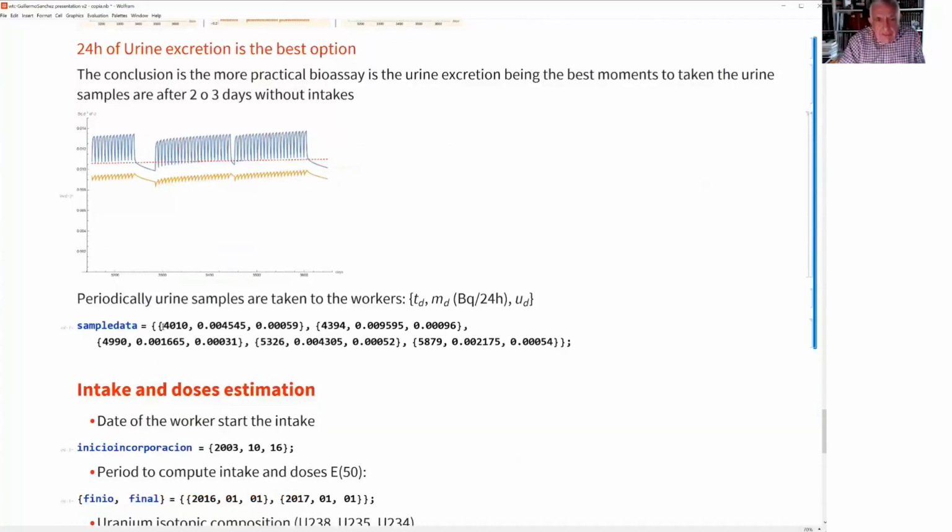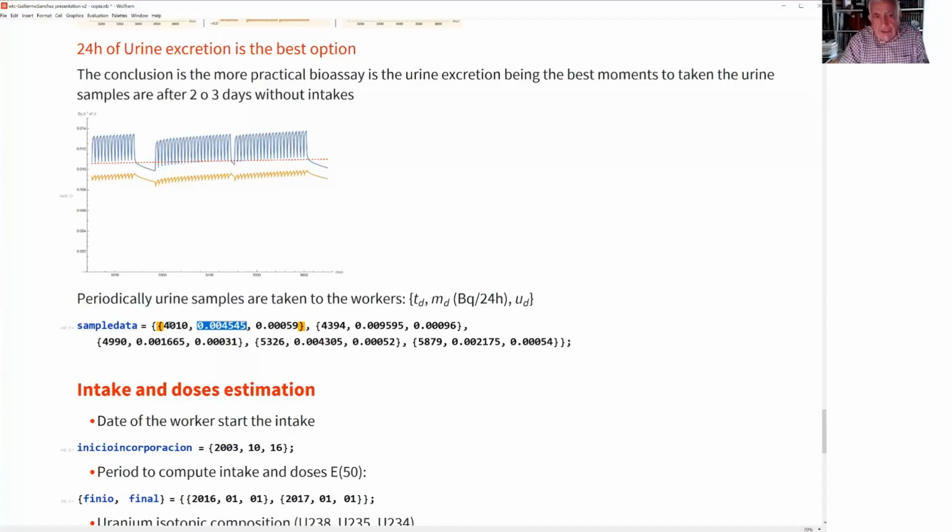Here are the measures of urine samples for a specific worker. The first measure for this worker was taken this day after the worker started the exposures.